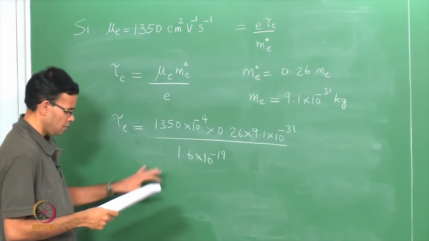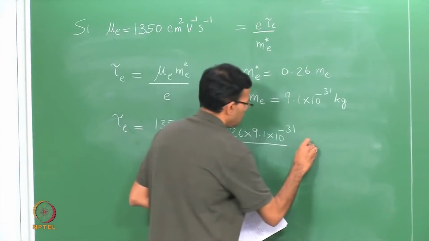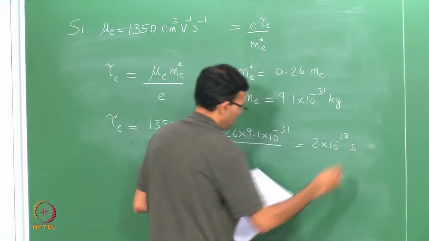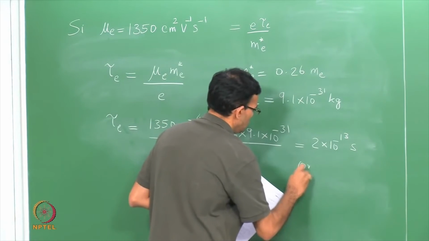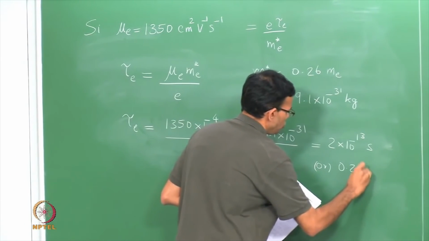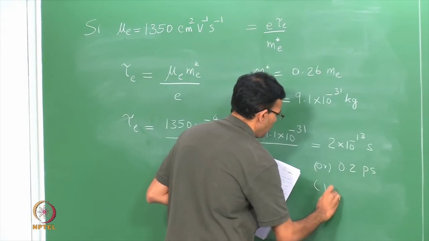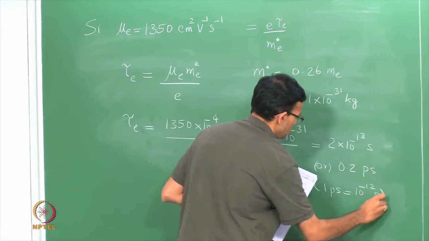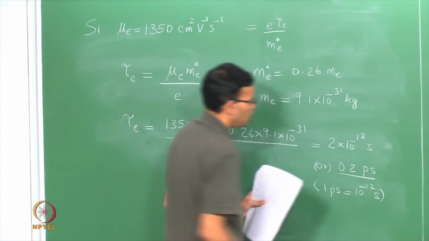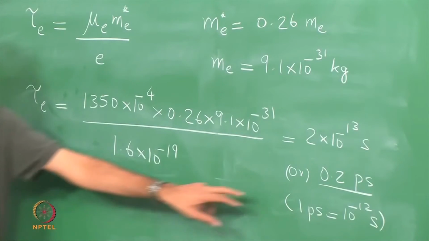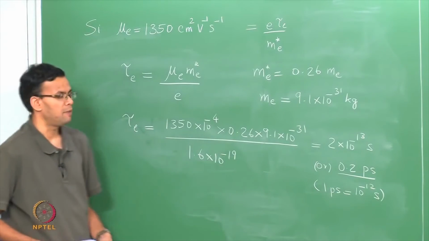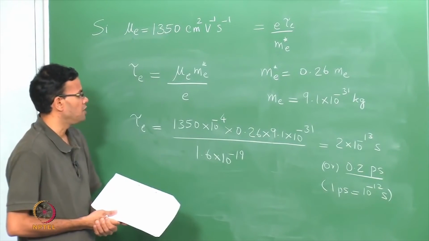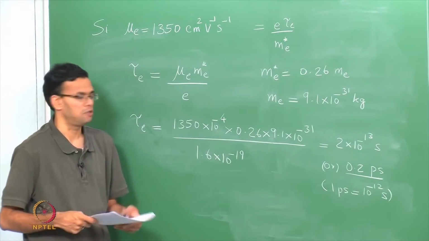If you do the math, tau e works out to be 2 times 10 to the minus 13 seconds, or 0.2 picosecond, where 1 picosecond is 10 to the minus 12 seconds. So, this time of 0.2 picoseconds represents the time between two scattering events for an electron in silicon that is moving through the conduction band.